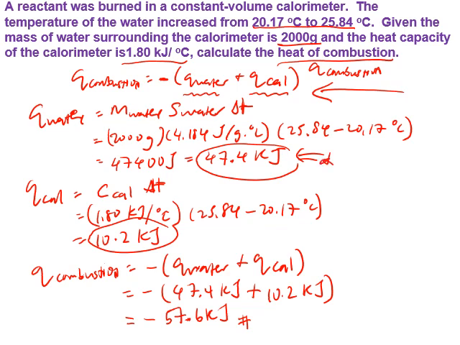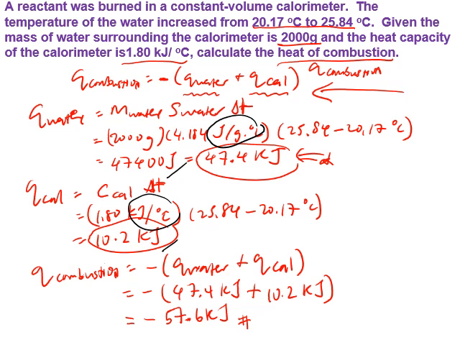The specific heat of water, they tend to give us in joule per gram per degree Celsius, but the heat capacity, they tend to give us in kilojoule per degree Celsius. So if you didn't convert Q water to kilojoule, you stick to joule, and this one you stick to kilojoule, and then you add up. Of course the answer is wrong, because joule and kilojoule you cannot add up.